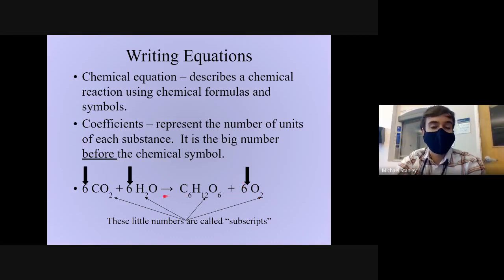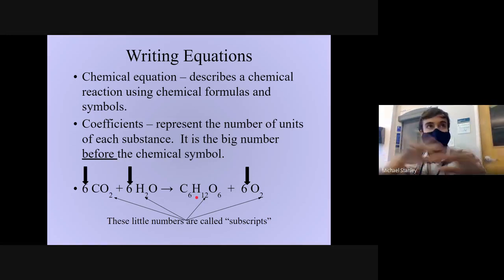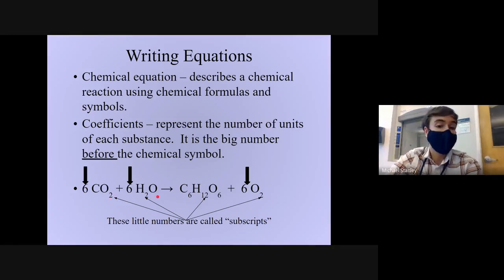But when you see these subscripts down here, think of them as set in stone. We are not allowed to change them or do anything with them. In order to be a carbon dioxide molecule, you have to have 2 oxygens, and that's what this little subscript is telling us. In order to be a water molecule, you have to have 2 hydrogens in it, and that's what this subscript is telling us.